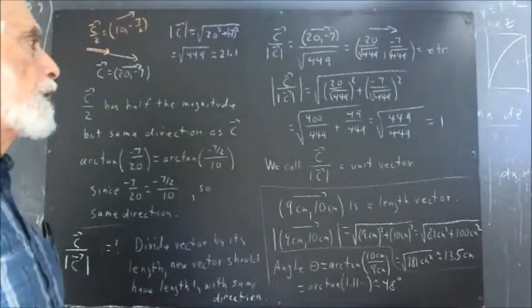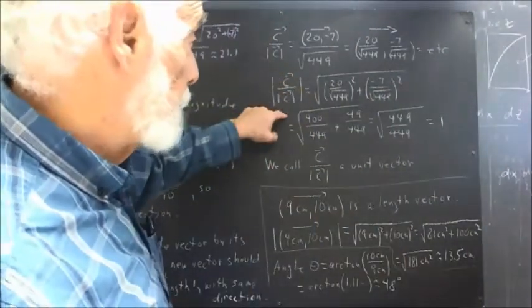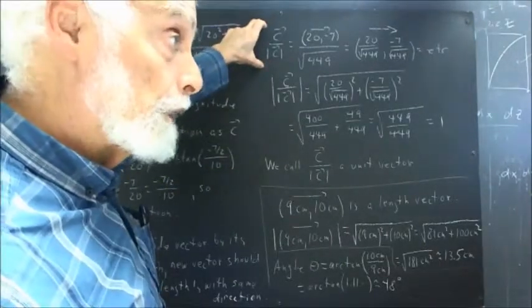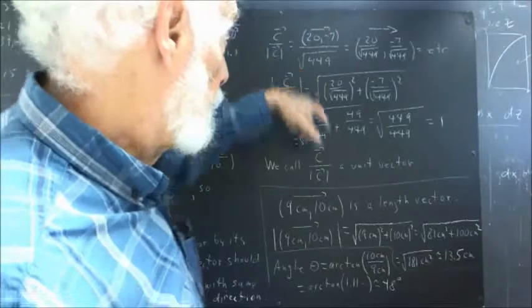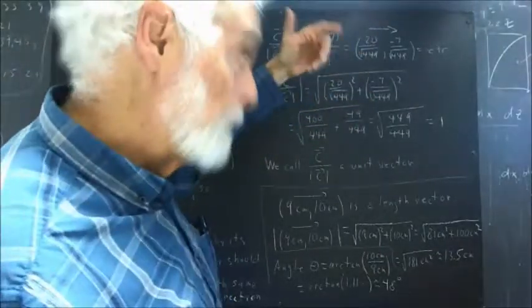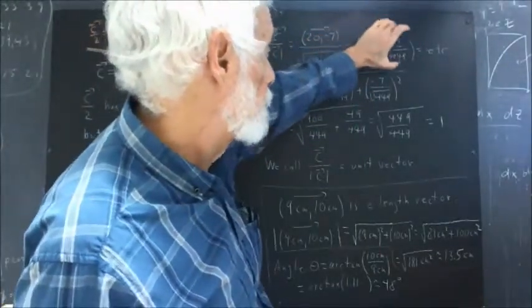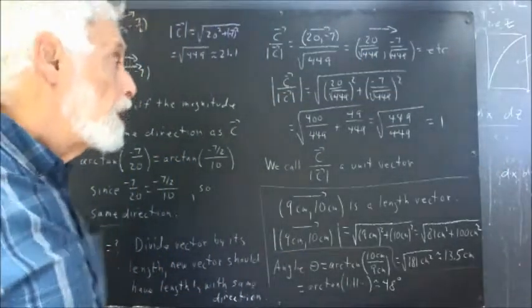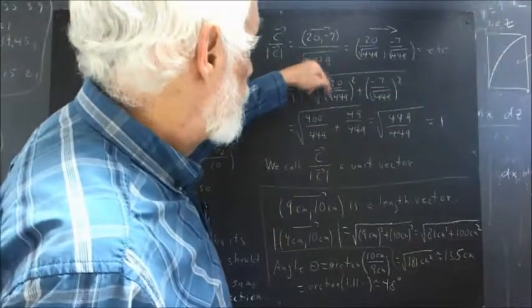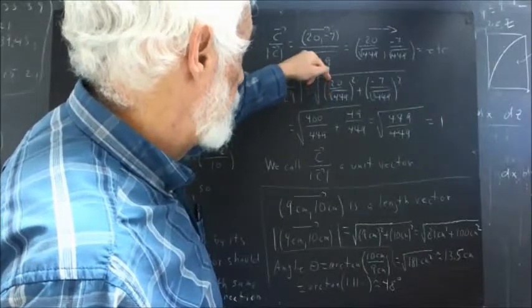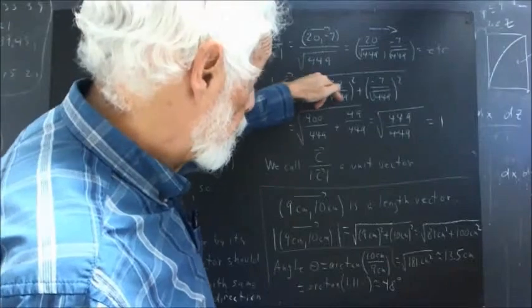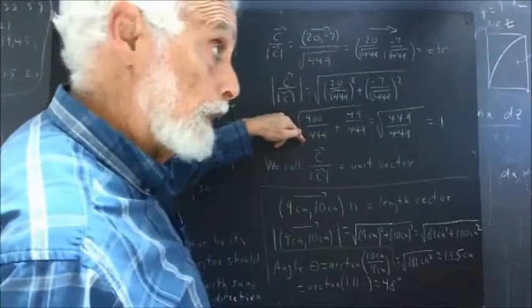Now, what's the magnitude of c over magnitude of c, the magnitude of this vector that we got here? We're going to use the Pythagorean theorem, square this, square this, and add them up. So what do we get? If we square 20 over the square root of 449, we get 20 squared, which is 400, over the square root of 449 squared, which is just 449.